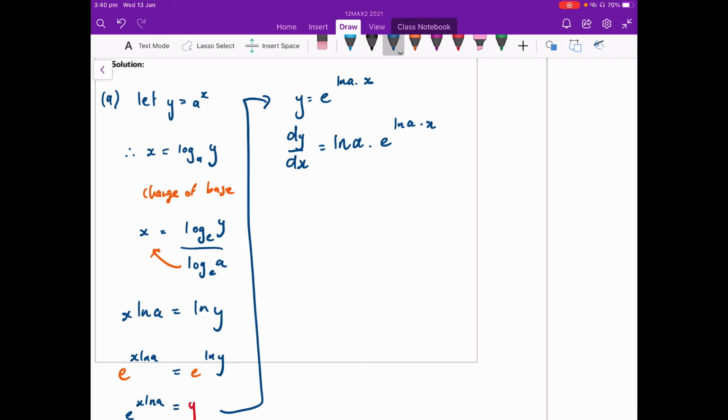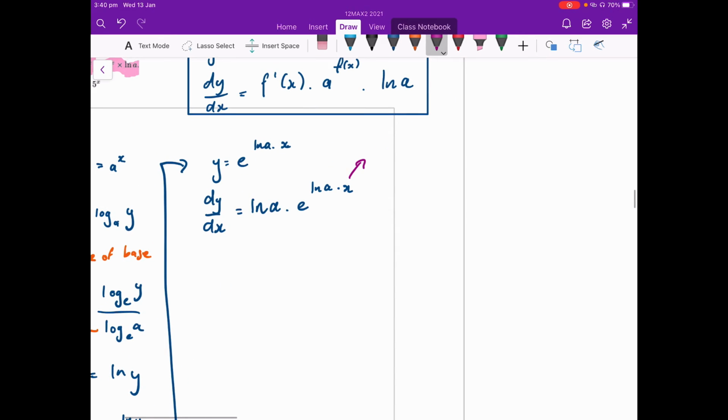Now, what I have in the power, I could rearrange as x multiplied by ln a. The coefficient of the log, x, can actually go up as a power in the log. So that would simplify to e to the ln a, all to the x. And you might see what I'm doing here.